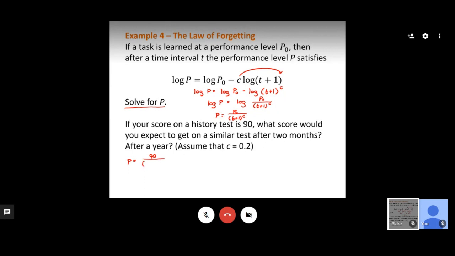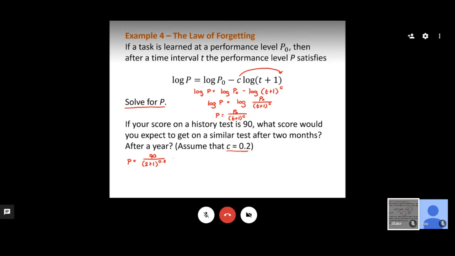So what's our T value this time? It's going to be 2, right? And it doesn't really tell us that T is measured in months, but in this case it is. So we're going to have 2 plus 1. And then our C value is given right here. And so we're just going to put 0.2 in our exponent.